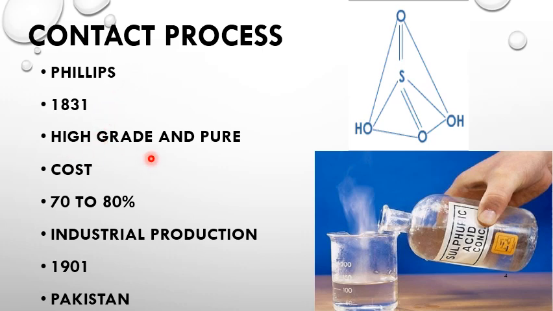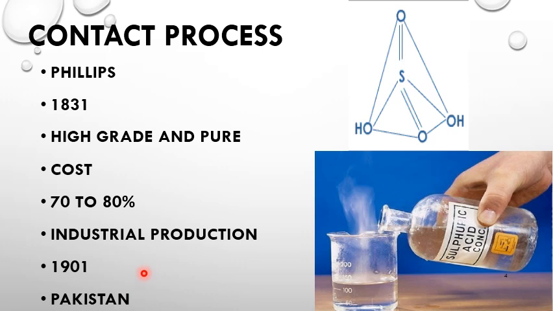High-grade quality and 99.8% pure sulfuric acid is obtained by the contact process. It is a low-cost process as compared to the lead chamber process. 70 to 80% of sulfuric acid is produced by the contact process.